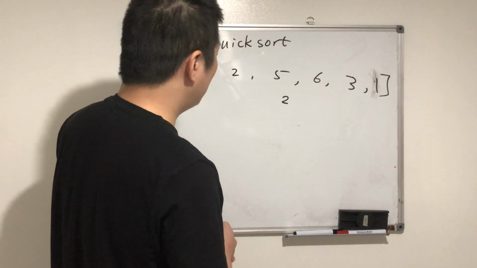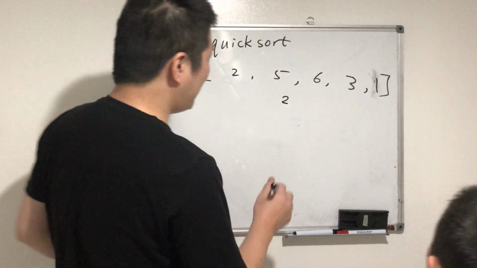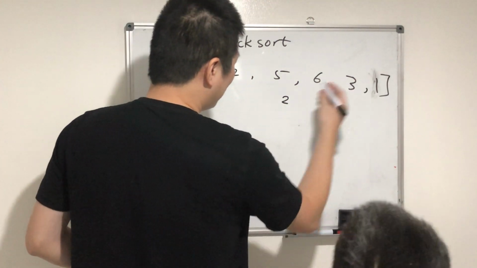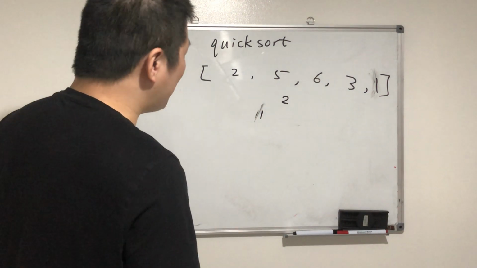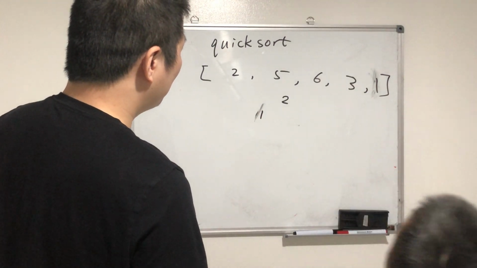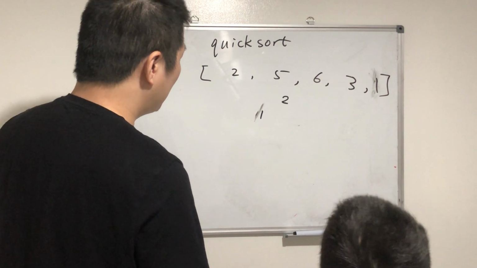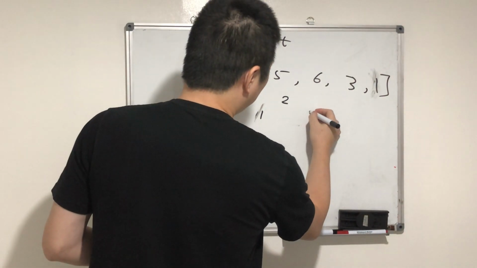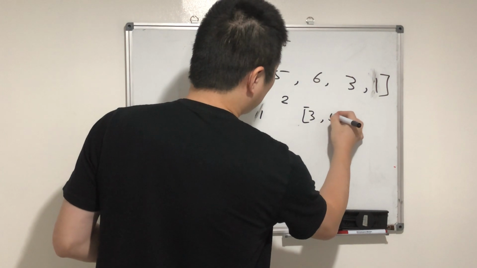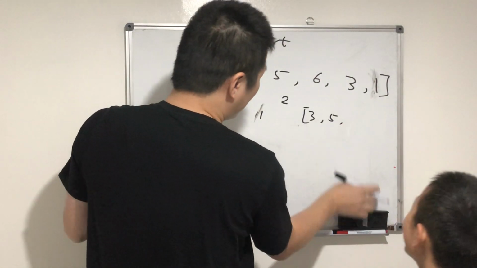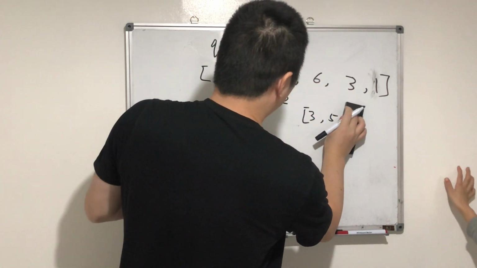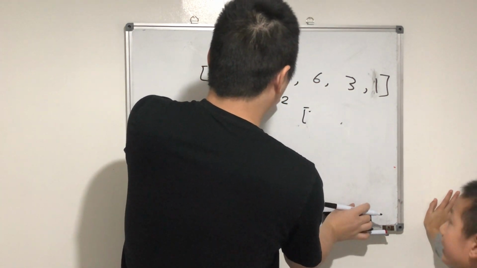1. You find the 1. Now find the elements which are bigger than 2. 3, 5, 6, or maybe in the order 5, 6, 3.